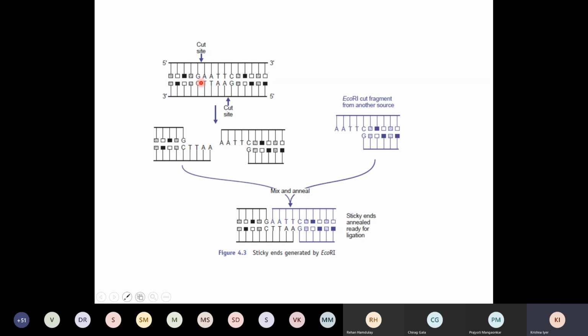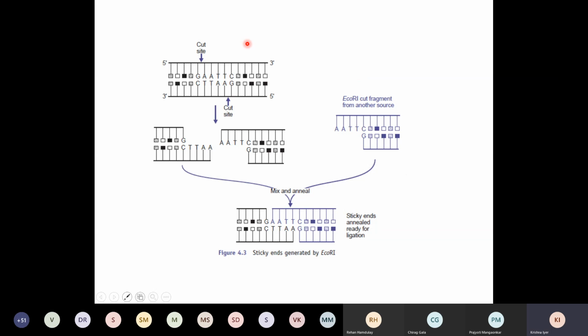Now let us say I cut that DNA with the same restriction enzyme. I am going to generate this piece, because this piece is generated by the restriction enzyme's recognition of this palindromic sequence, which is also present in this DNA.